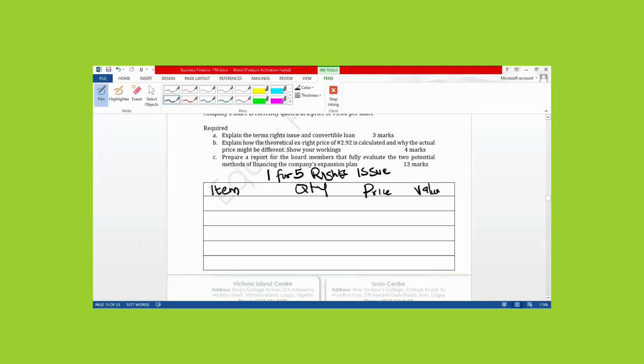If you are to interpret this correctly, 1 for 5 means for every 5 existing shares, issue 1 new share as rights.